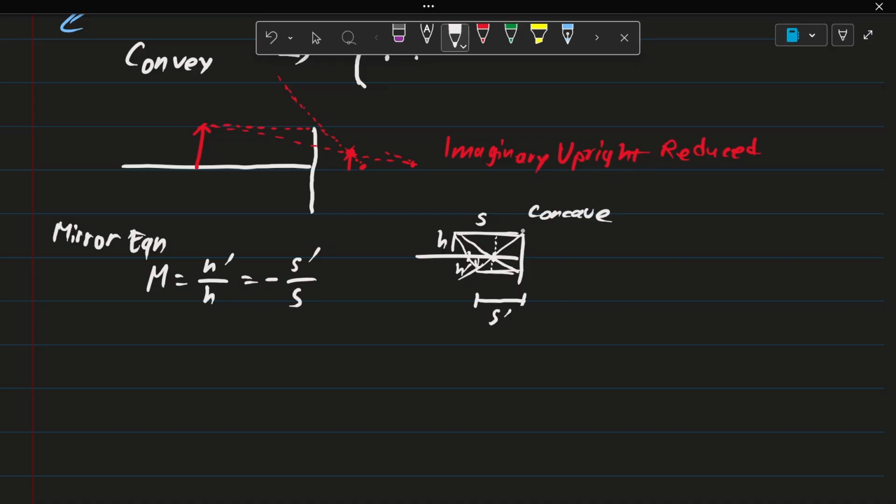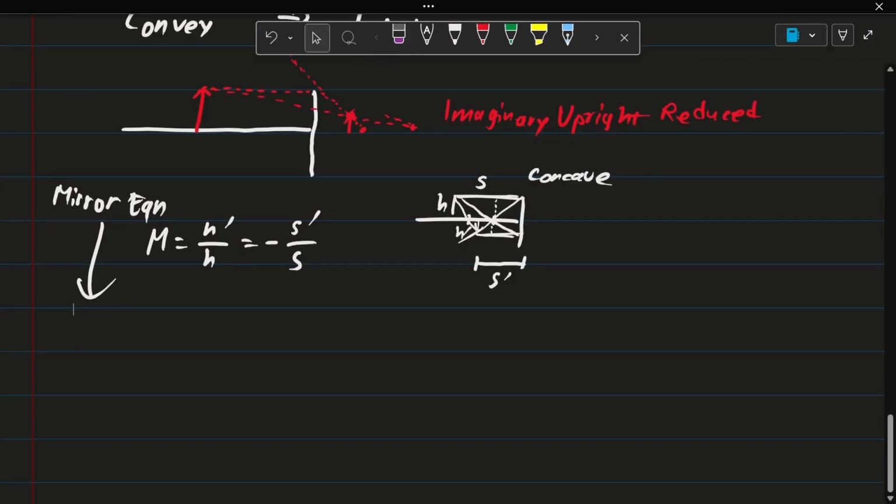Anyways, we have got this idea. Now that's only for the magnification, but how do we figure out S prime? This is where the mirror equation comes in. To develop this idea, we should figure out the relation between the distances and the focus. If we see from this image, we have the same angle here, which means these two should be similar triangles, but with different proportions.